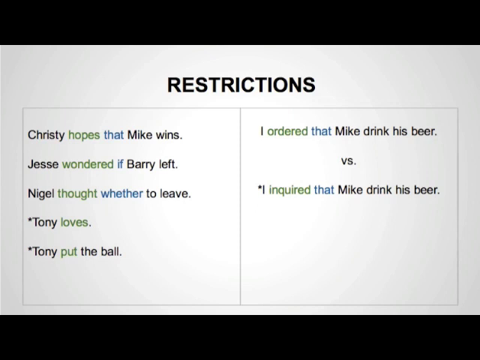I ordered that Mike drink his beer is perfectly fine, but I inquired that Mike drink his beer demands something a little bit different. Let's take a look at I inquired if Mike drank his beer. Oh, that seems to work. And the differences in the verbs are grammatical differences, and they're expressed through functional components like complementizers.